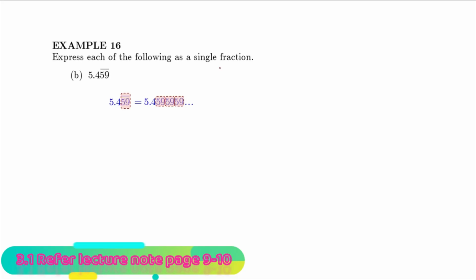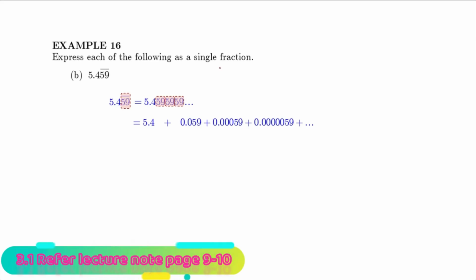So we can write this decimal in the form of 5.4 plus 0.059 plus 0.00059 plus so on up till infinity. And notice here that the second term up to infinity forms a geometric series up to infinity, which we call an infinite geometric sequence.